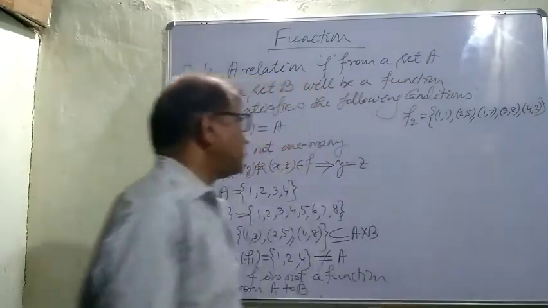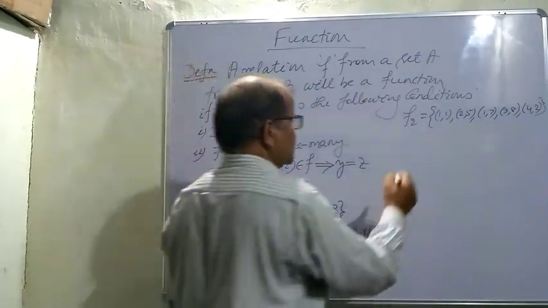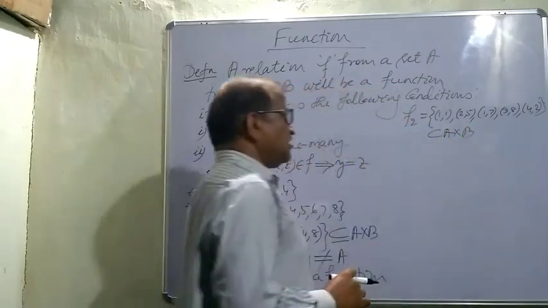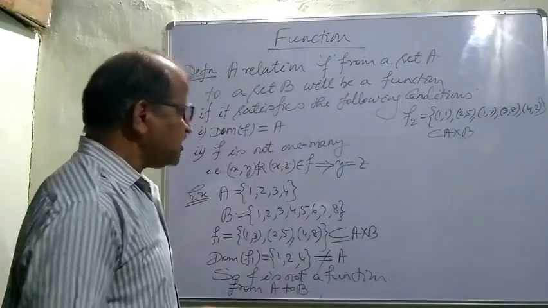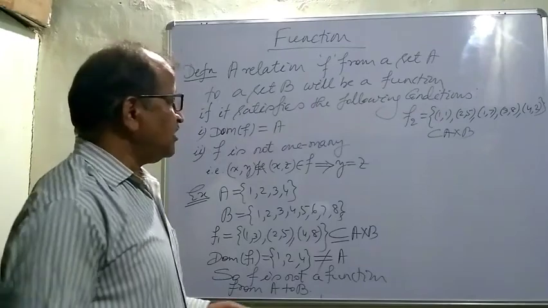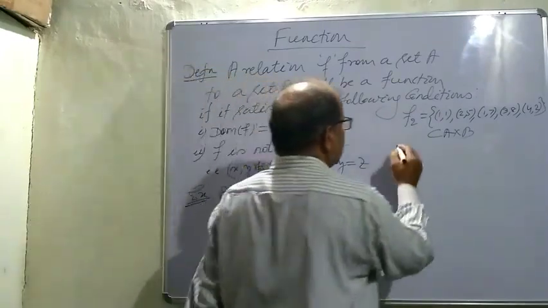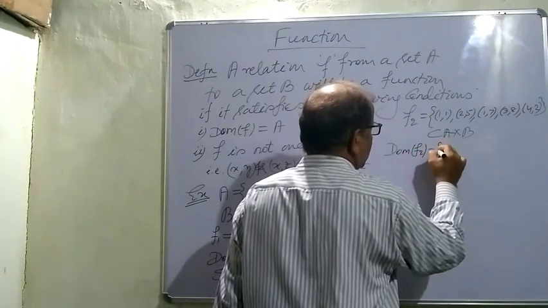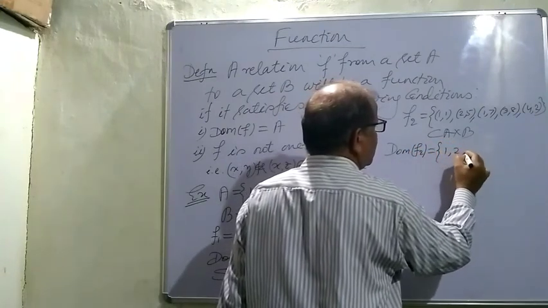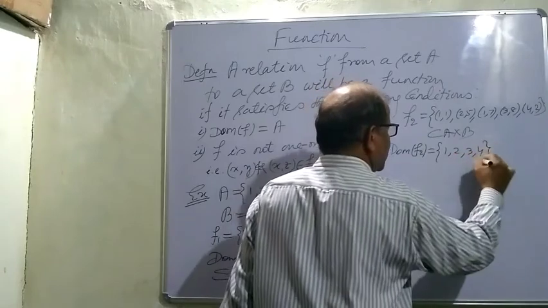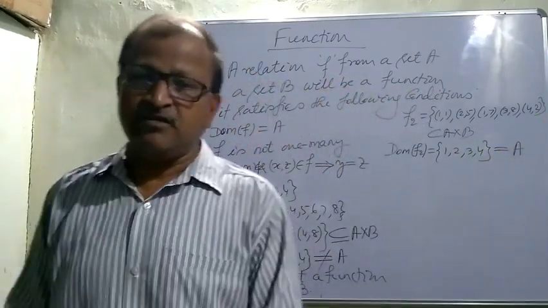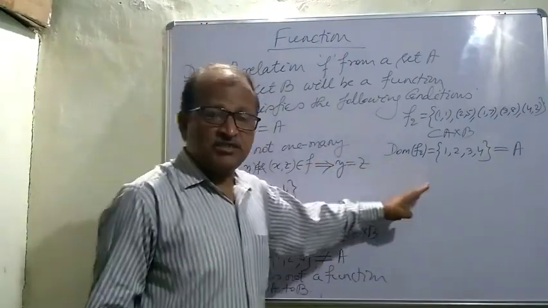You see, it is a subset of A Cartesian product B, so it is a relation from A to B. And what is the domain of F2? It will be 1, 2, 3, 4. Nicely, its domain is equal to A.